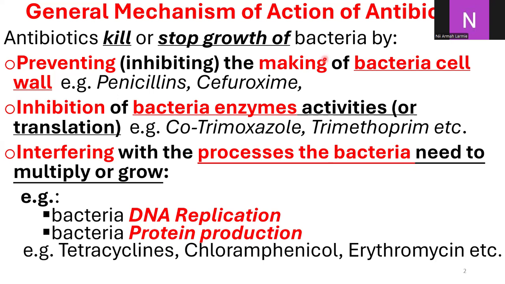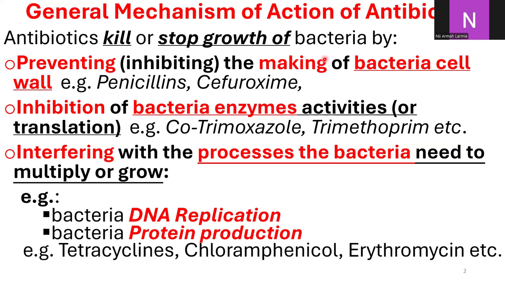Now, if you still remember, we said bacteria is a single-celled organism. It multiplies or reproduces by dividing itself. So if it divides, it must now have two new cell walls to accommodate the two new baby bacteria, if you like, daughter bacteria. So each time bacteria must grow or reproduce, it needs a new cell wall.